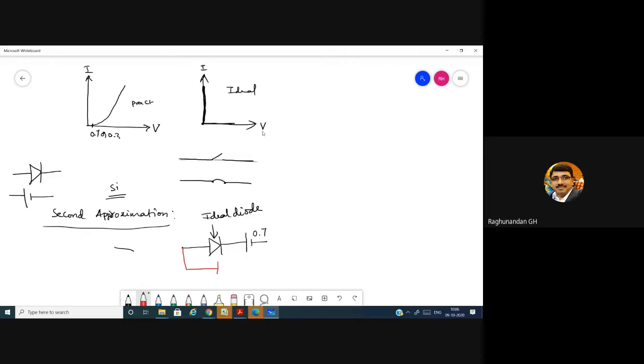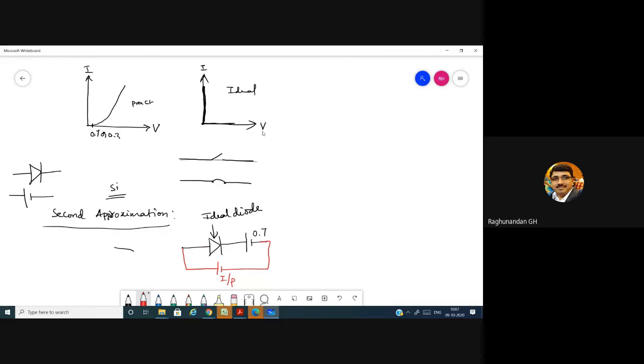If I am going to forward bias this, tell me at what voltage of this input the current is going to flow through this circuit.